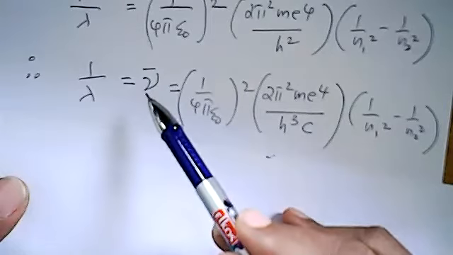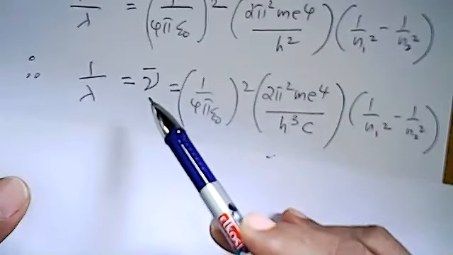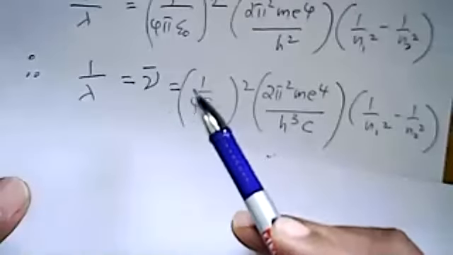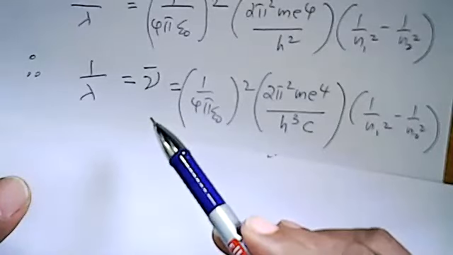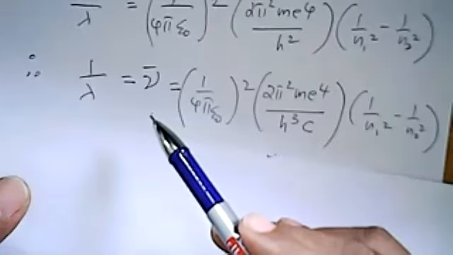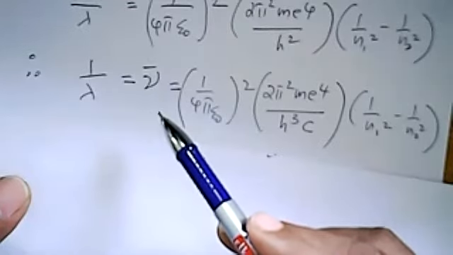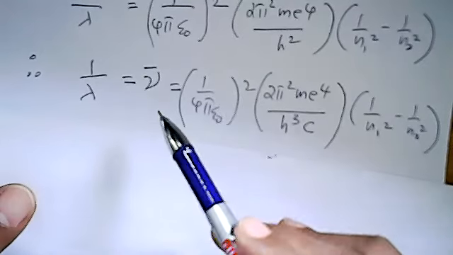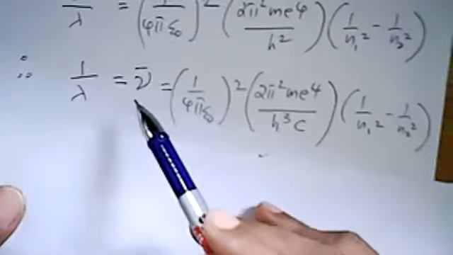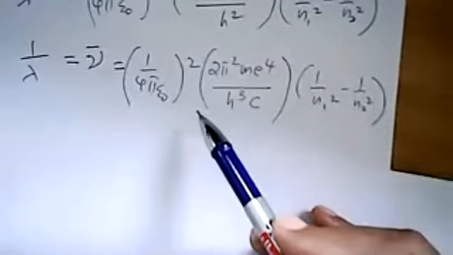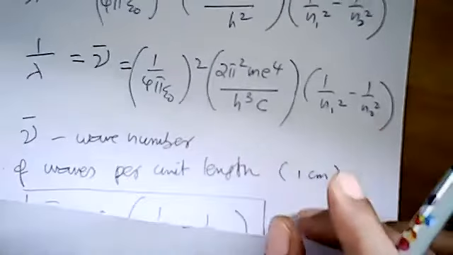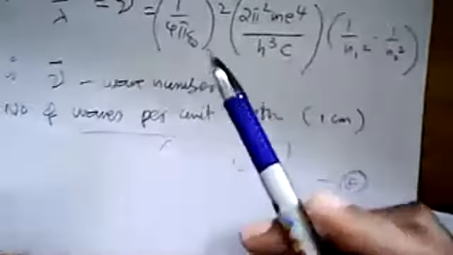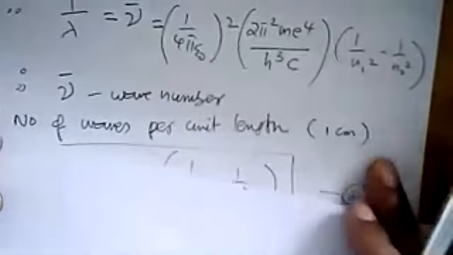Wave number is the number of waves per unit length. Conventionally, we take that unit length as centimeter. So nu bar equals this same expression. Now you can see that the entire thing in the bracket is a constant.